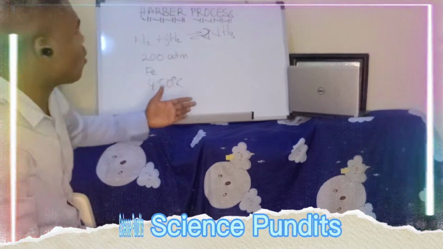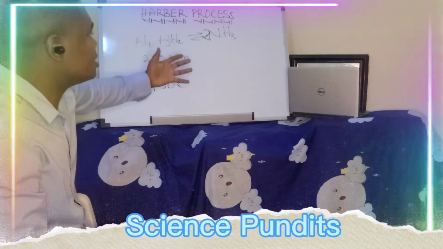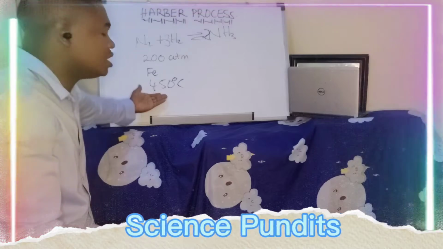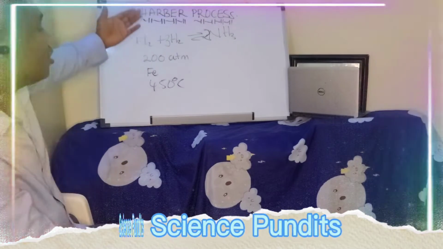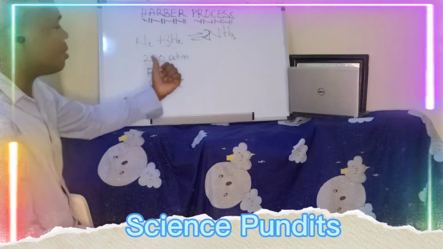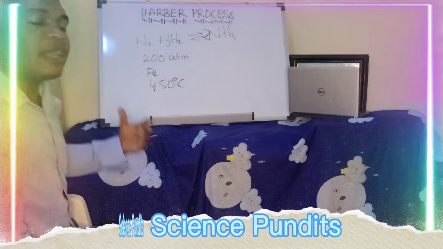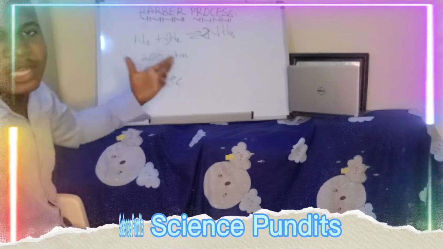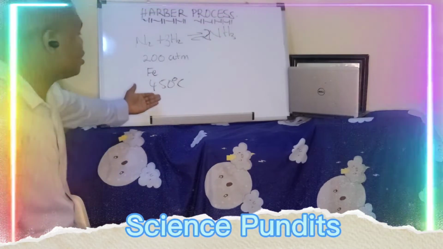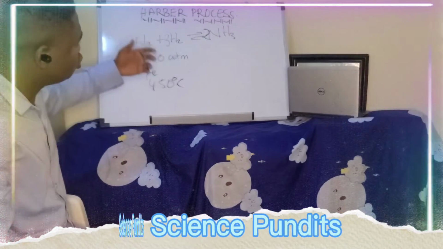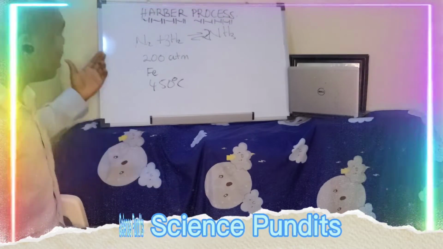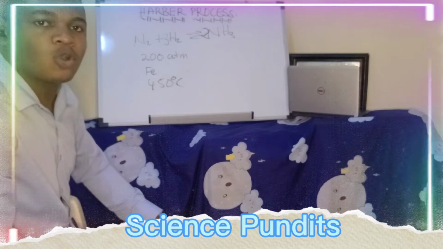Someone might wonder, since this process is exothermic, if we raise our temperature, we are going to have a backward reaction. But if we do not raise the temperature, the process is going to become slow. Hence, we provide more temperature to make sure that we reach the activation energy as soon as possible, and also that the process is economic.